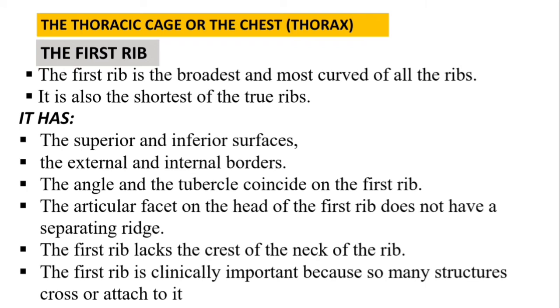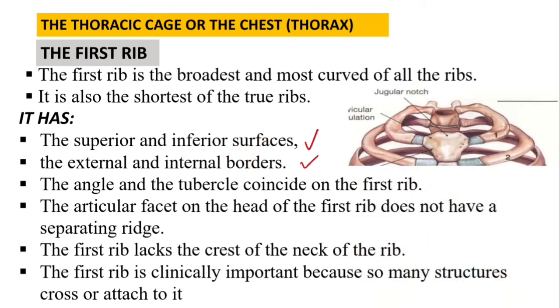It has superior and inferior surfaces, and then external and internal borders. I told you typical ribs have superior and inferior margins and internal and external surfaces, so like two opposite things. How cool is that? Let me show you here.